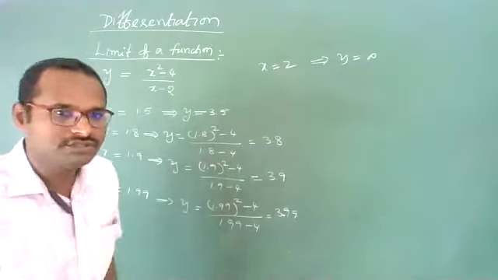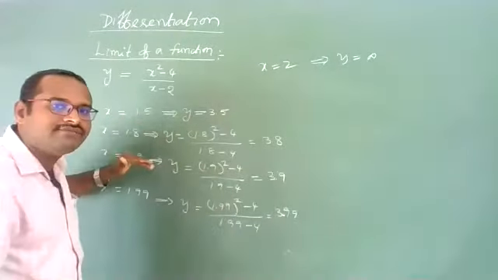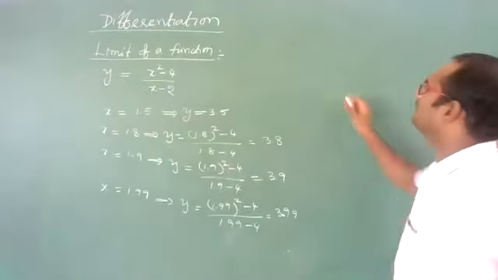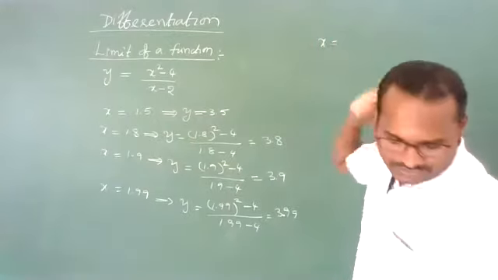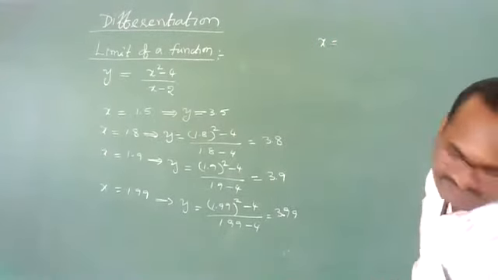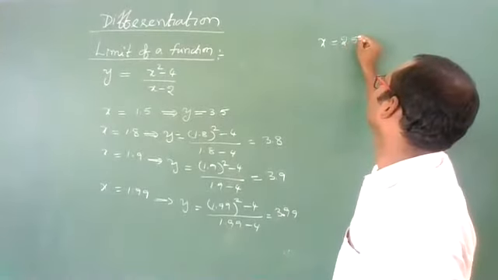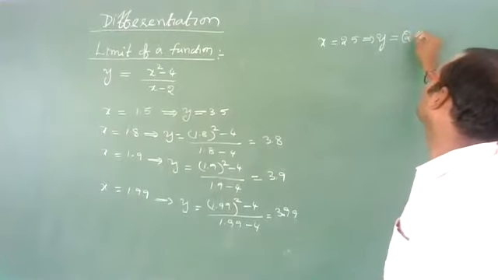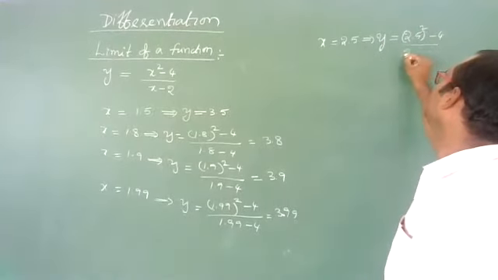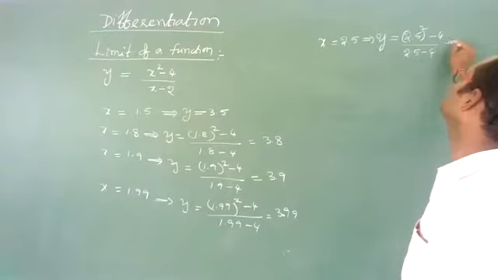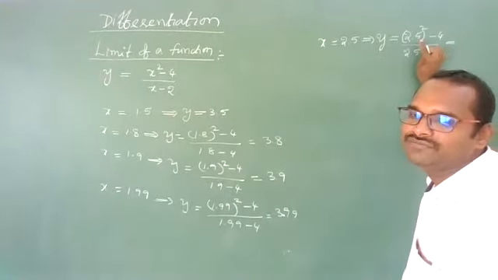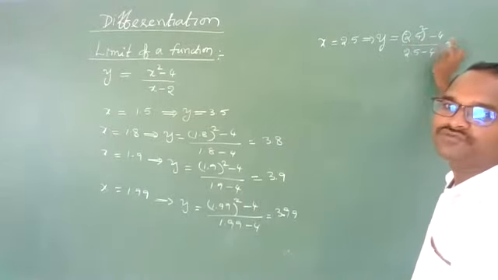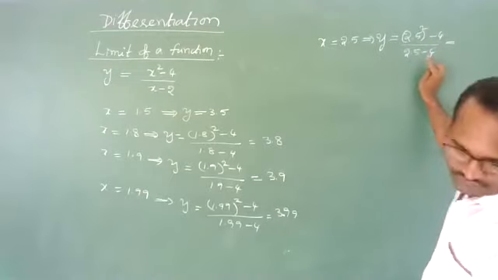Now the same thing we will do for values more than 2. Let us take x equal to 2.5. What will you get as the y value? y equals 2.5 squared minus 4, divided by 2.5 minus 2. 2.5 squared is 6.25, minus 4, divided by 2.5 minus 2.